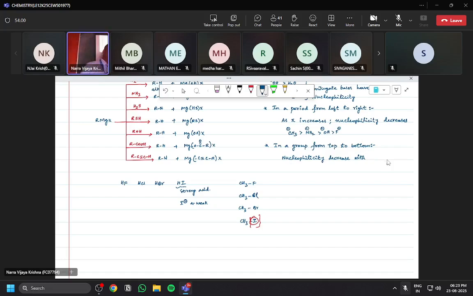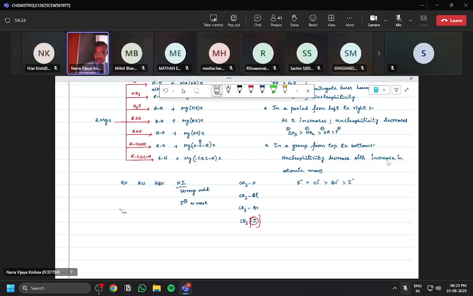As atomic weight increases, nucleophilicity decreases. So example, F minus greater than Cl minus greater than Br minus greater than I minus.